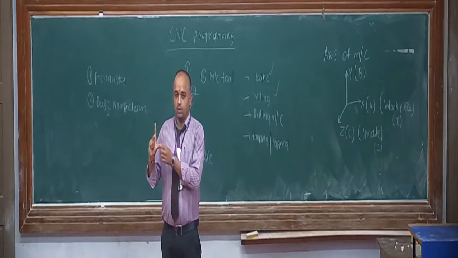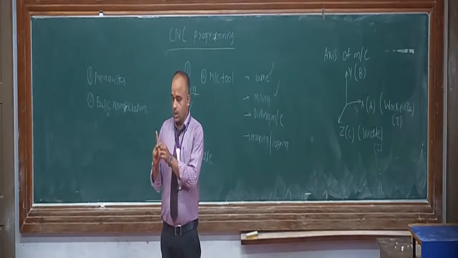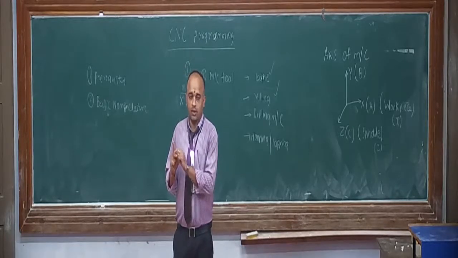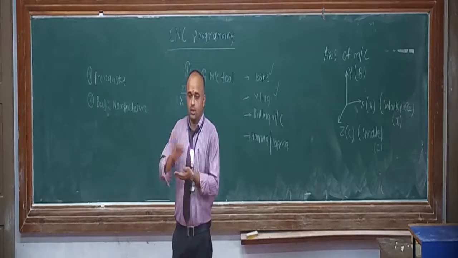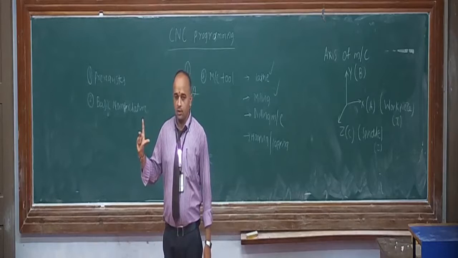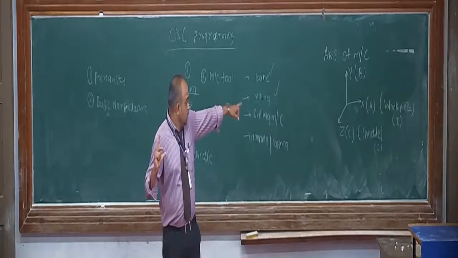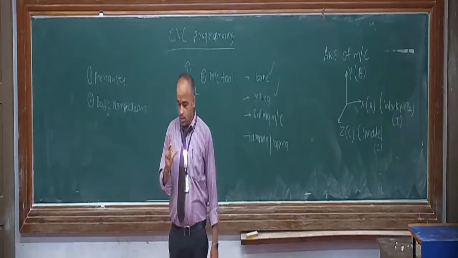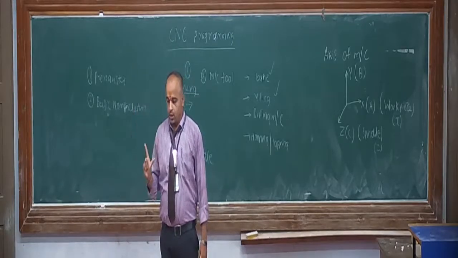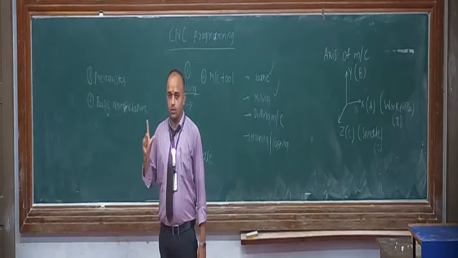Your thumb is going to represent the workpiece or the bed on which the workpiece is held. Z is going to represent the spindle, and y is going to represent the height. So for the horizontal milling machine, I'll just traverse all the motions: positive x, negative x, positive y, negative y, positive z, negative z. That is for the horizontal milling machine.